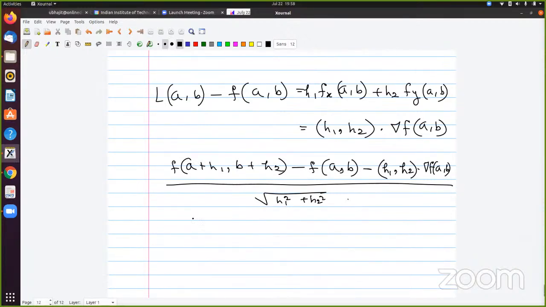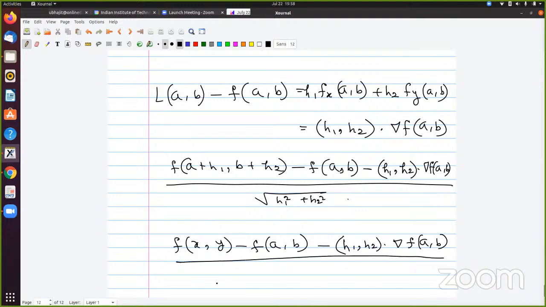So if we go back, a plus h means our x, this is y, this is the point we are dealing with. So h1, h2 dot this gradient at a, b. Now what is this one? This is basically the distance, the shift, so you can visualize it clearly.